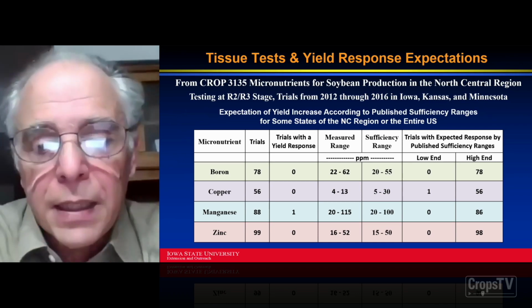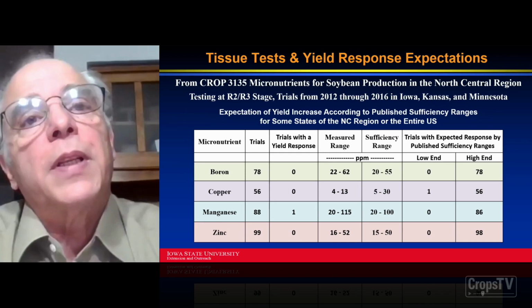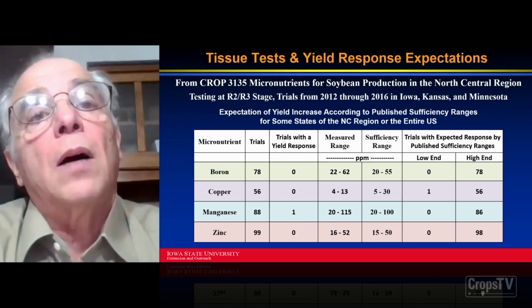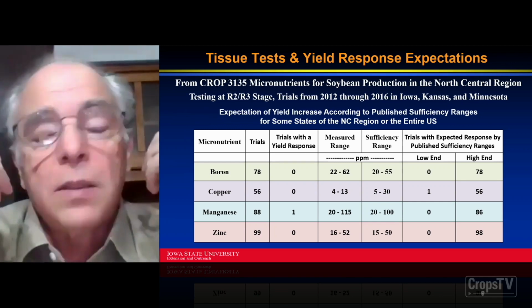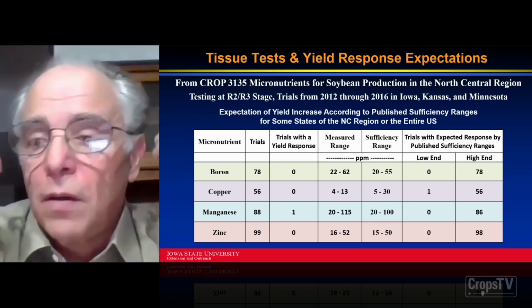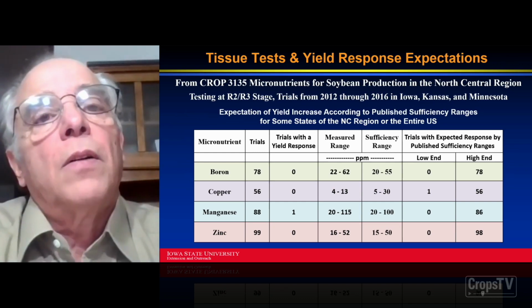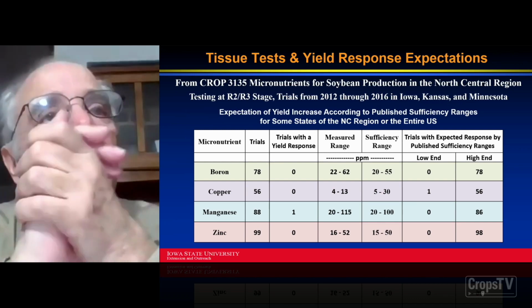So we could not develop interpretation. If we don't have a response, we cannot establish what is the critical level, what is needed, what is not. And this has been the common denominator for 100 years with tissue testing, you know, in soybean, here in Iowa, and other states too. So what did we do?